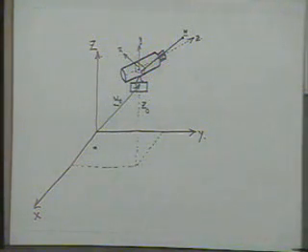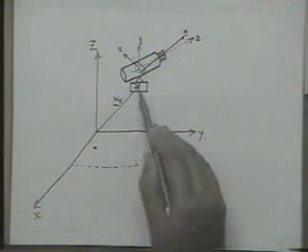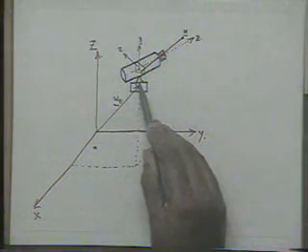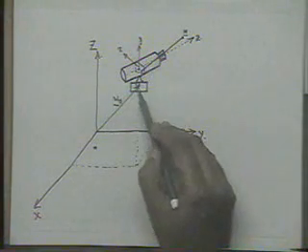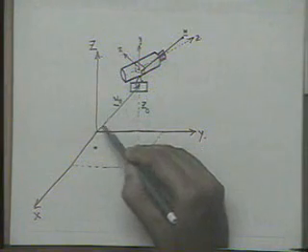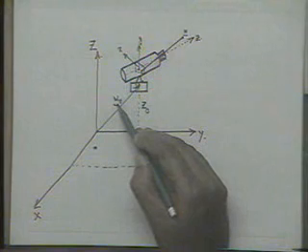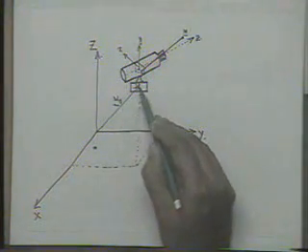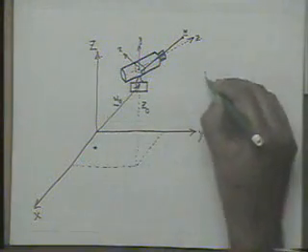Let us assume that the camera shown here is mounted on a gimbal, and that the gimbal is located at a displacement given by the vector W0.